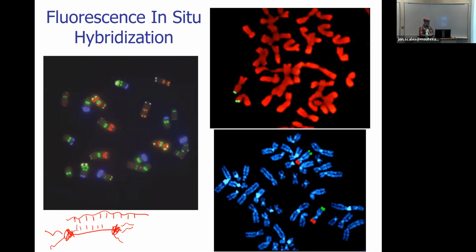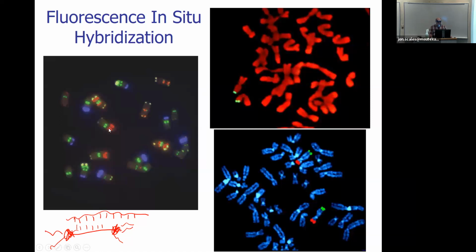Not outside the cell in a test tube. So we call this FISH, right? FISH, for fluorescent in situ hybridization. That acronym means that's this process. It's called FISH.